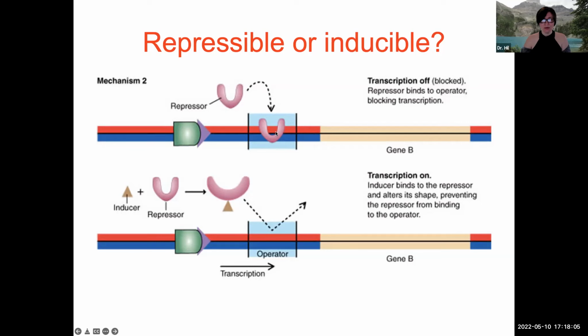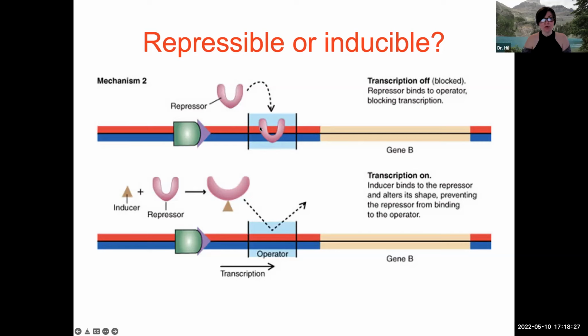As a consequence, the default situation is that there is no transcription. Here's the RNA polymerase, here are the genes, and there's no transcription because this repressor is already born ready to bind the operator. It doesn't need help, it's already the right shape, and it's by default stopping transcription.